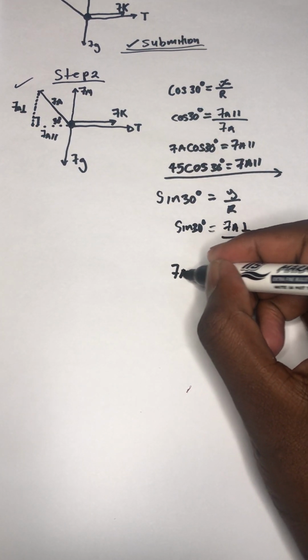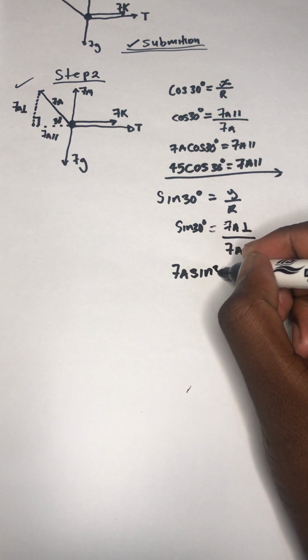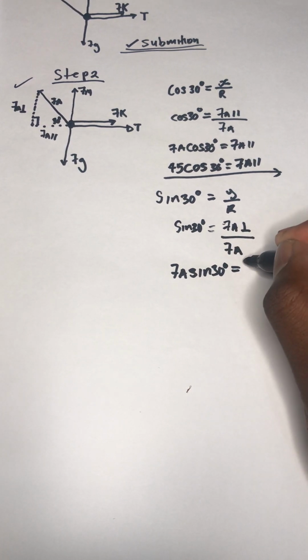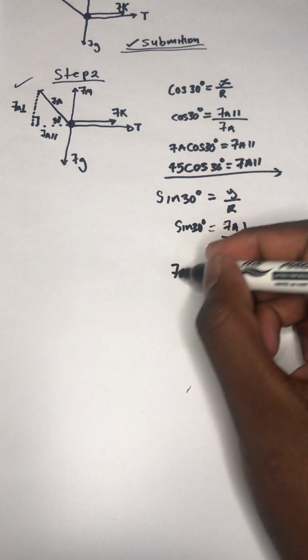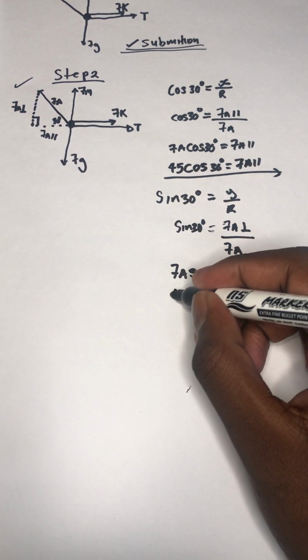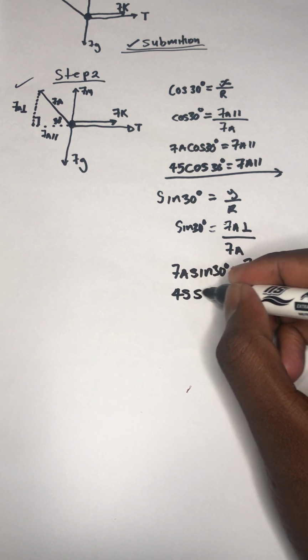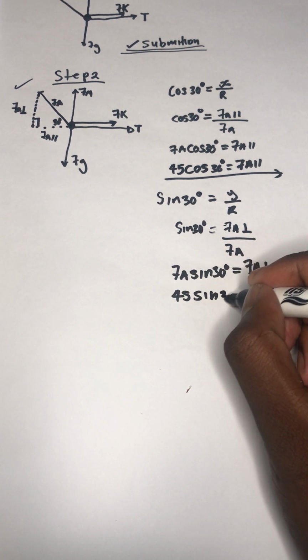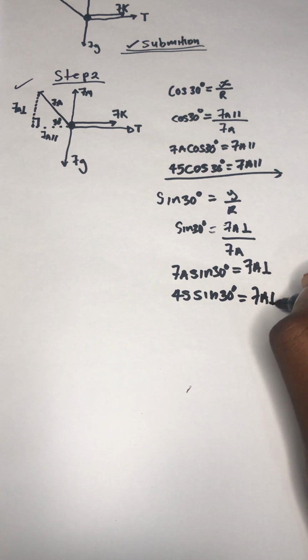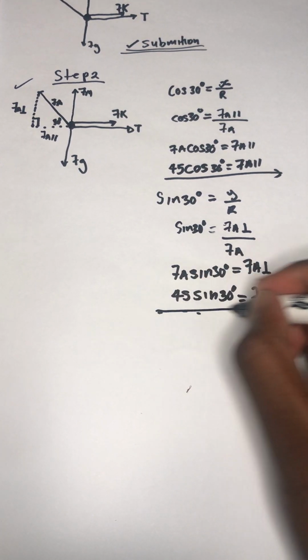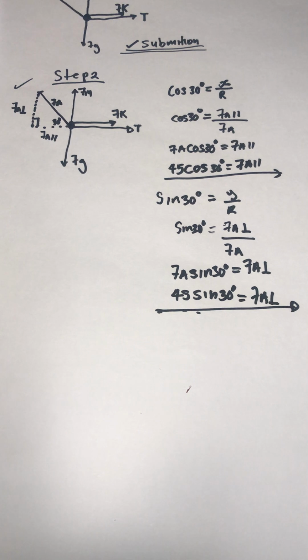So this is FA sine 30 degrees is equal to FA perpendicular. Okay, we can also substitute to FA. So it is 45 sine 30 degrees is equal to FA perpendicular. For the purpose of this round off, siyishiye khona la.